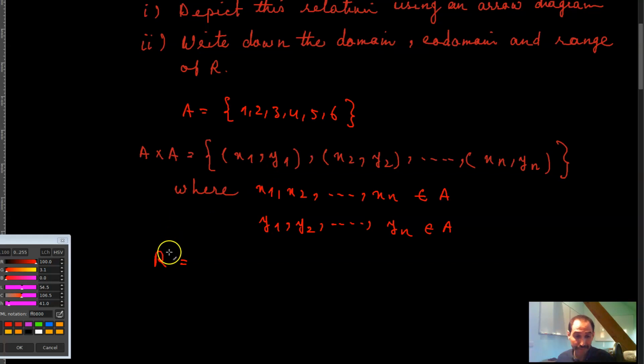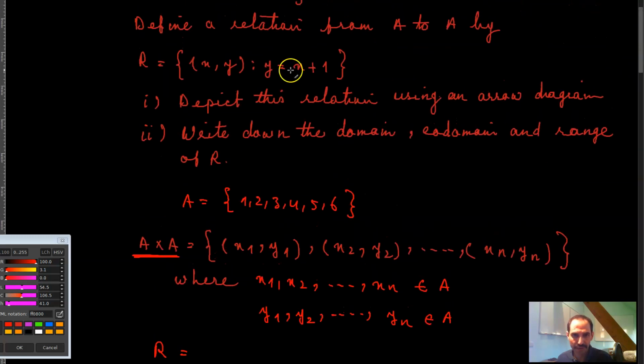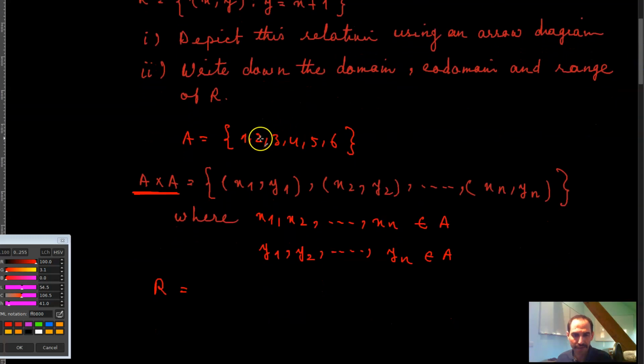Then basically R would be a relation which is a subset of this set. Now, the only condition that I have here is that y has to be x plus 1, meaning that the second element here has to be 1 more than x.